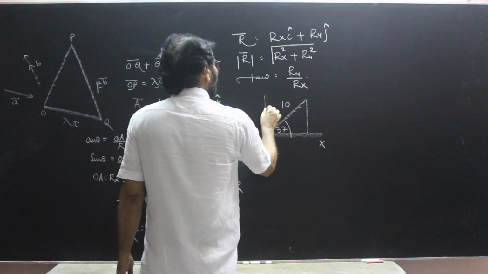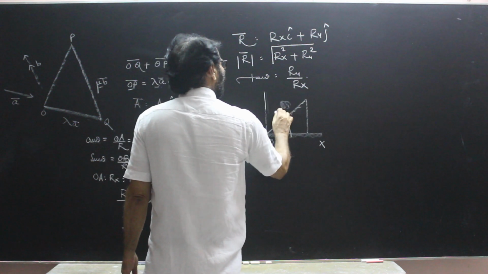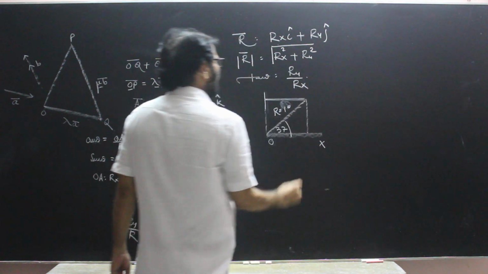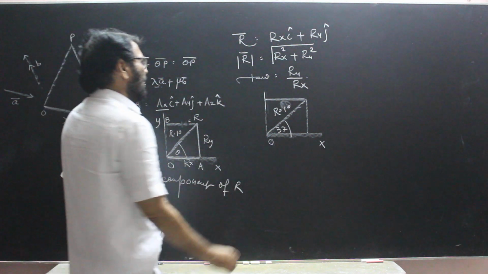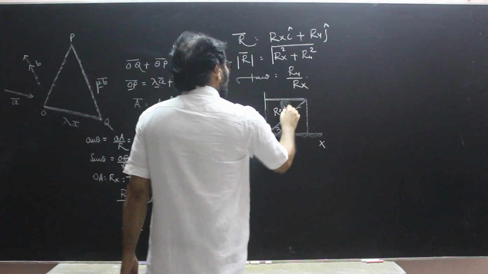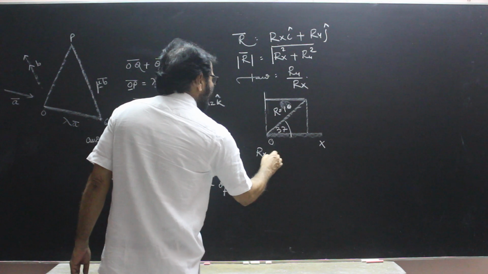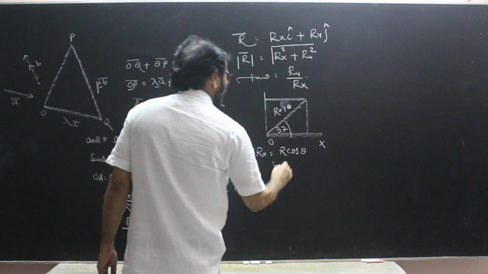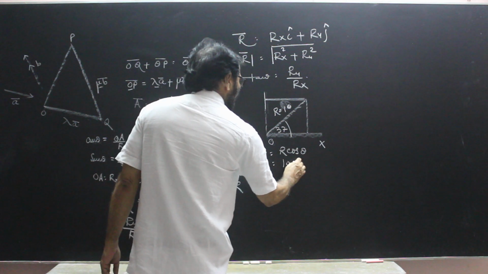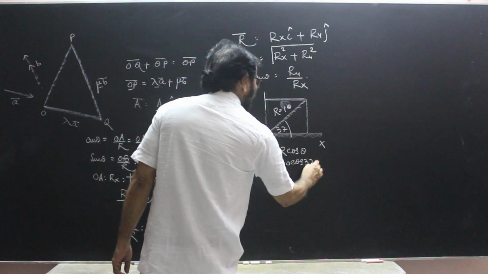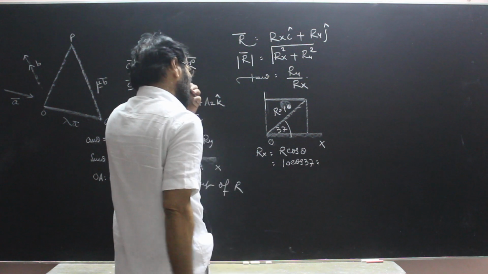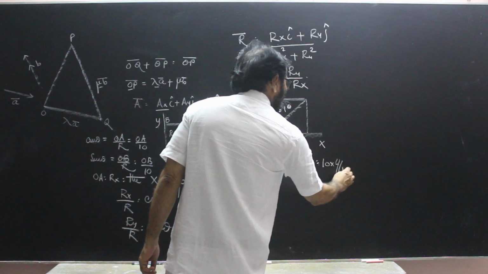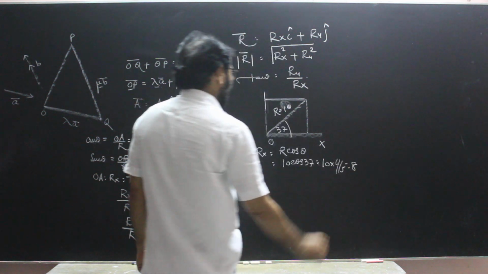Now we want to calculate the x and y component of vector R. So Rx is R cos theta, that is 10 cos 37, and cos 37 is 4 upon 5, so it is 8 unit.